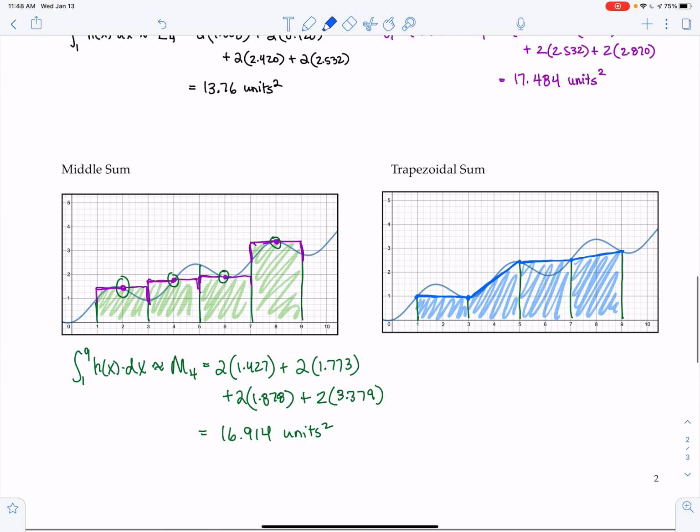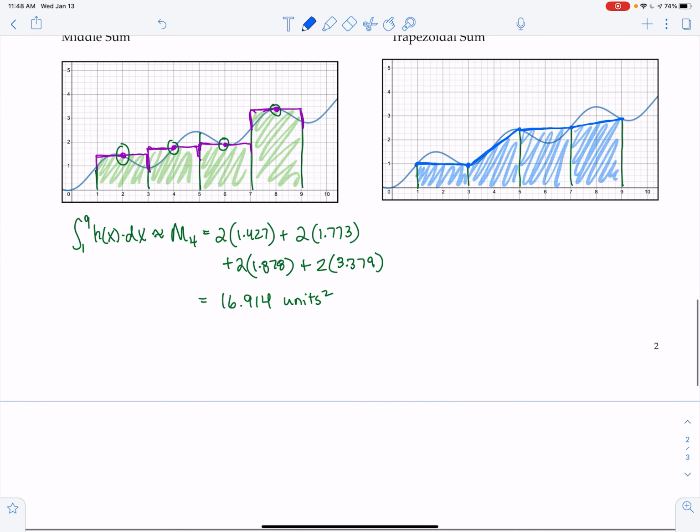So here we go. We are going to say from 1 to 9 of h of x dx is approximately equal to a trapezoidal sum with 4 sub-intervals. And what we're going to do is remember the trapezoid's area formula. So the area of a trapezoid is essentially the average of the bases, or add up base 1 plus base 2 times the height.